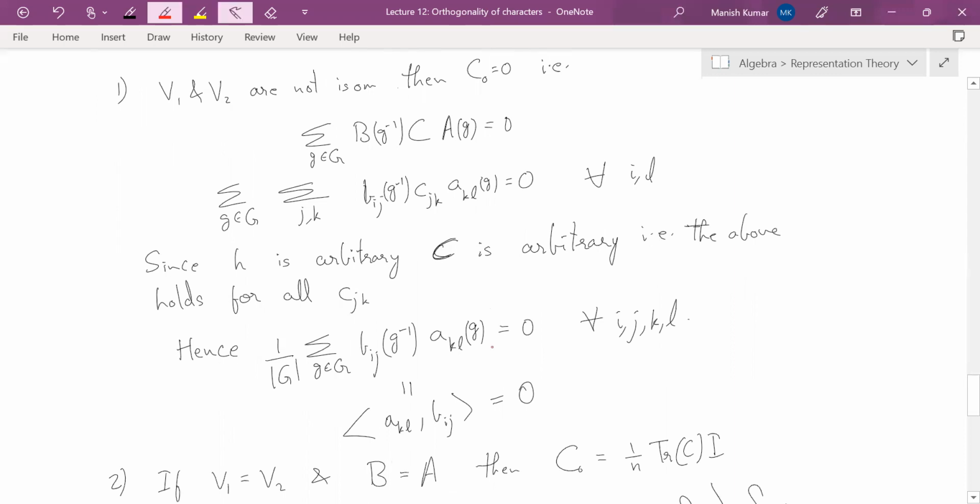It's Bij G inverse Akl G, summed over G in G. We just change the order of the sum, put G inside, and then for each j, k, this expression must be zero. That is the coefficient of Cjk. So we get this identity.